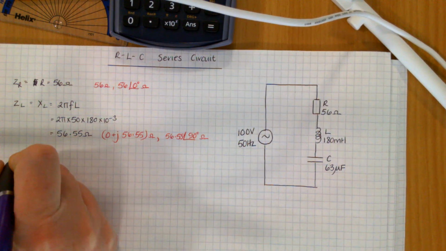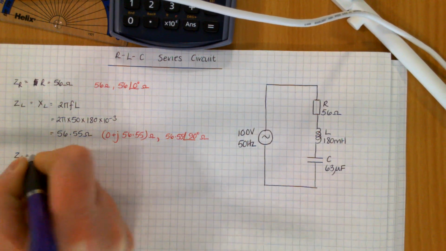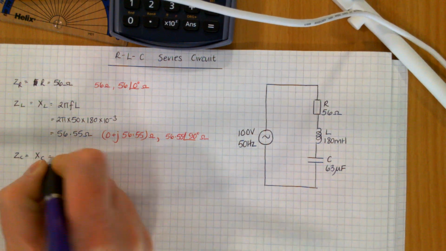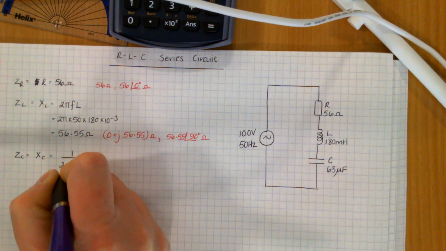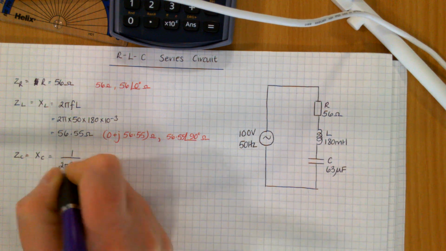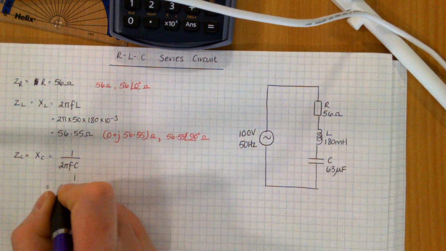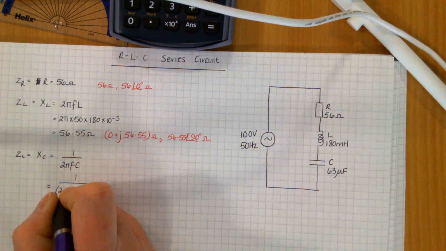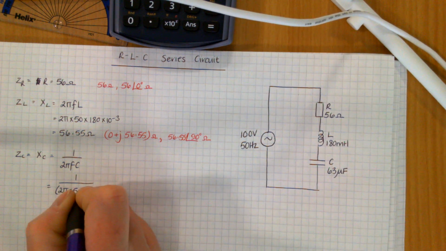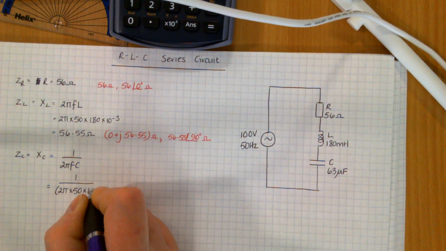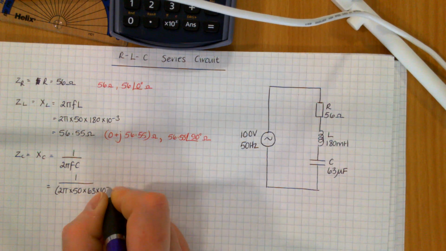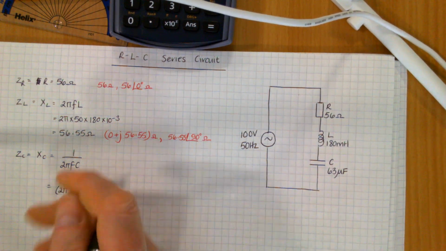And then for your capacitor, your impedance is your XC, your 1 over 2 pi FC. And just remember when you're putting it in your calculator, if you're doing it all at the one time, bracket it up. It's microfarads, so it's times 10 to the minus 6.